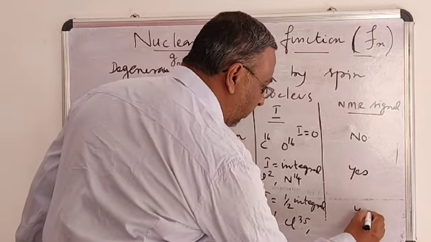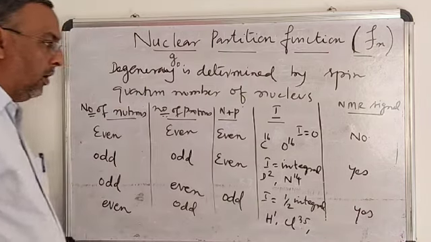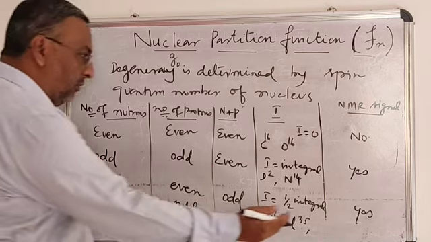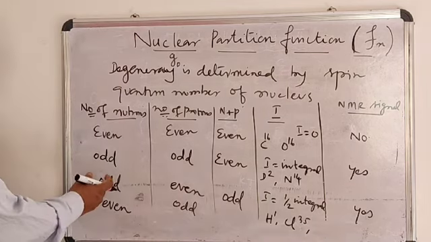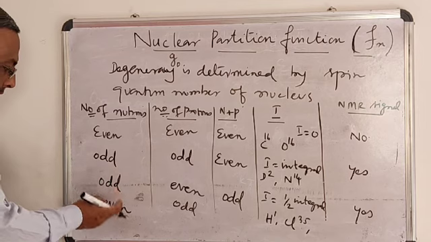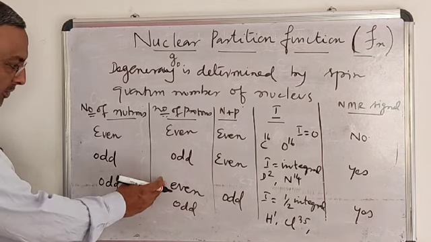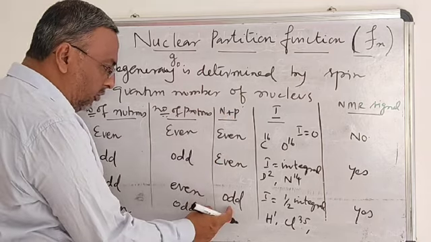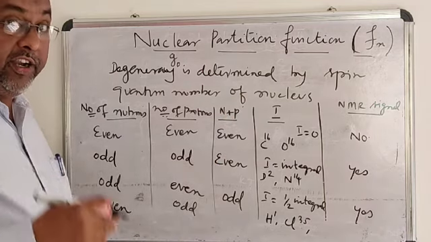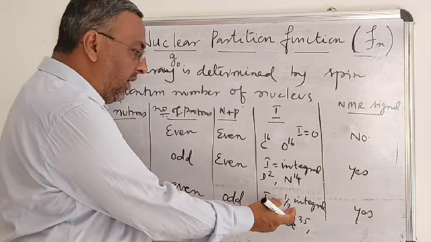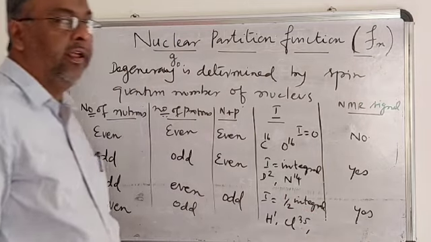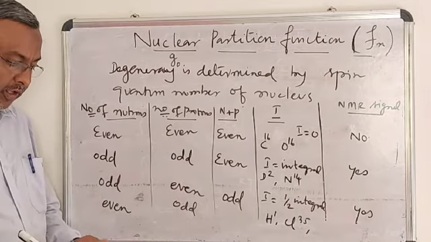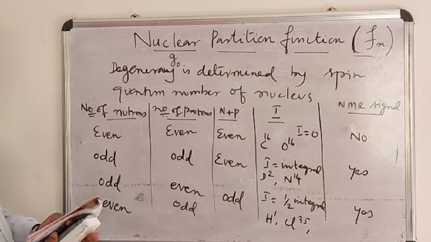Okay, and this type of nucleus will also give an NMR signal, whether the neutrons are odd or even. Similarly, protons may be even or odd, but the neutron plus proton will give you an odd value, and its spin quantum number will be half integral values. Automatically, such types of nucleons will give the NMR signal.